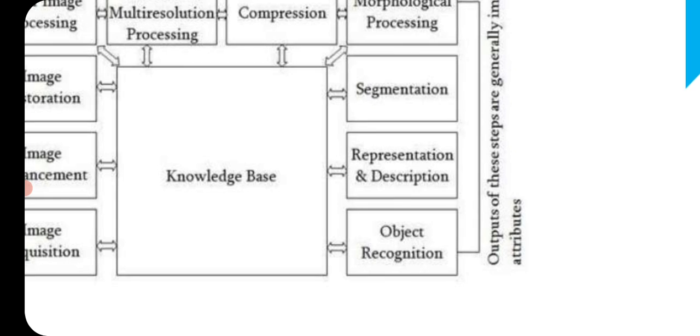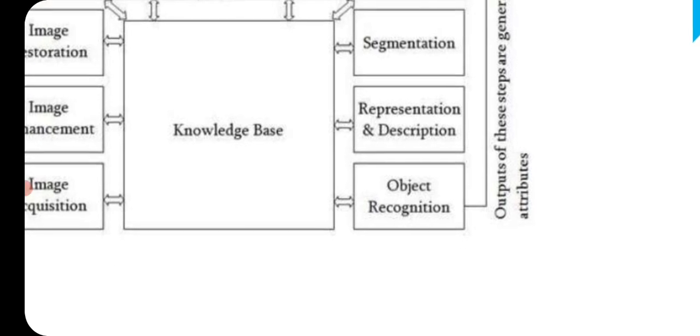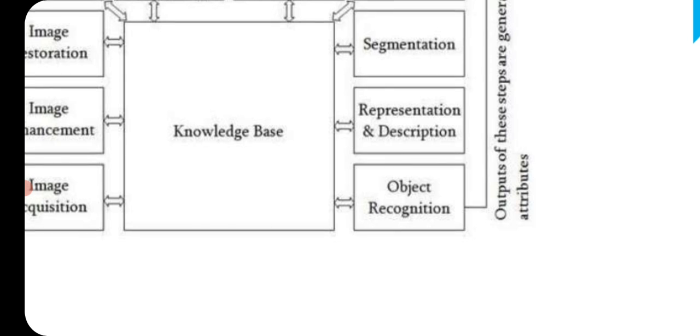Segmentation is the most difficult task in digital image processing. It takes a lot of time for the successful solution of imaging problems, which requires objects to be identified individually.